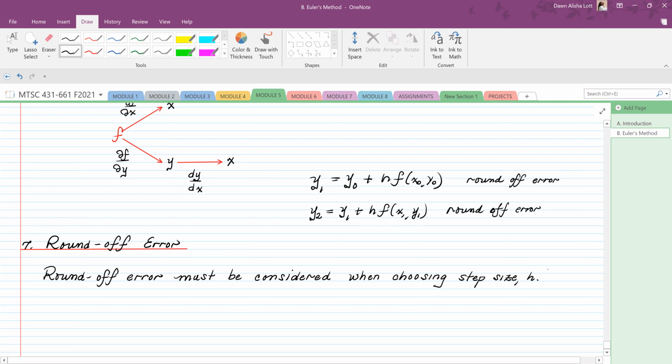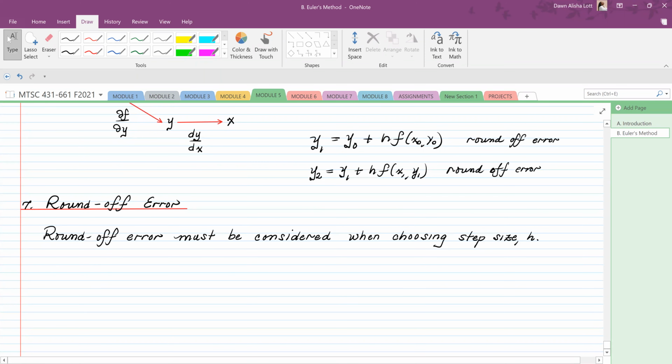Why? Why do we have to consider round off error when we choose our step size h? Anybody have an idea?